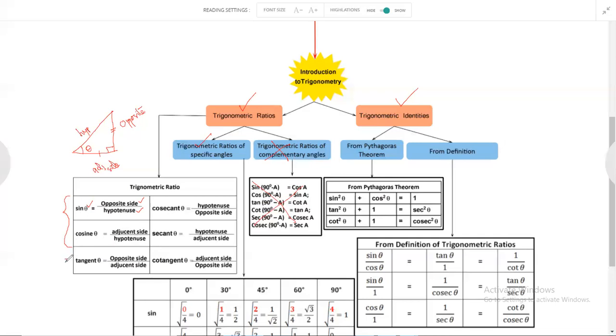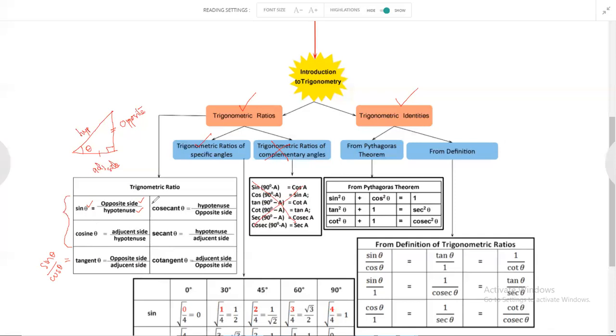So tan theta is basically sine theta divided by cos theta, which will be equal to opposite side divided by adjacent side, because hypotenuse gets cancelled. So once you know the values of sine theta and cos theta, it is easy to find the value of tan theta just by dividing sine theta by cos theta.